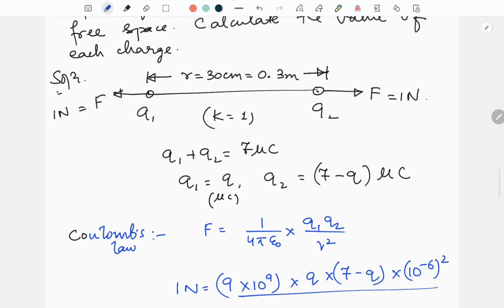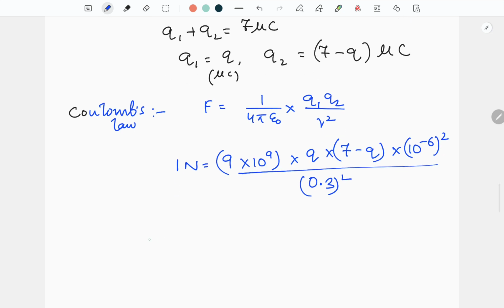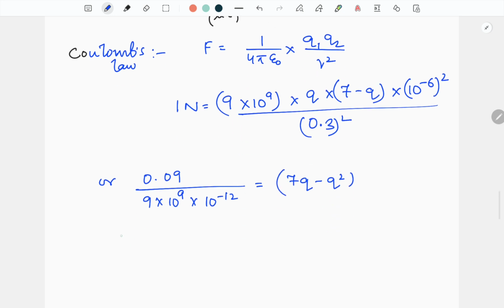R here is 0.3, so 0.3 square. So if you solve this, I think you will get 0.3 square as 0.09 divided by 9 into 10 to the power 9 into 10 to the power minus 12, and here it will be 7q minus q square. So I guess you will get a quadratic equation here.